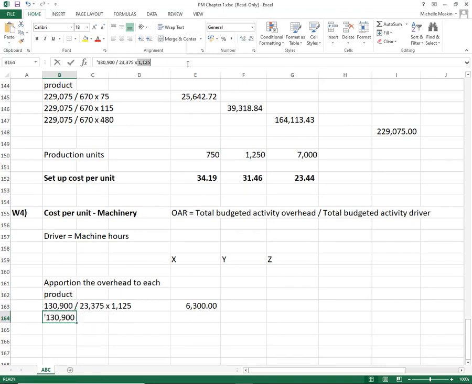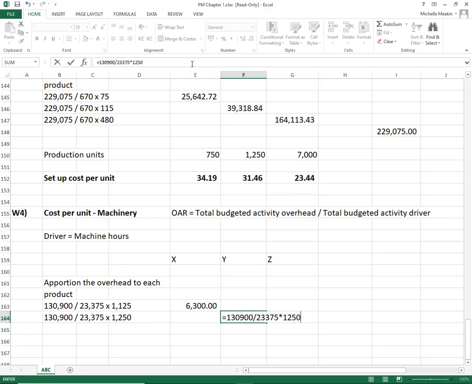So I do the same for Y. Total overhead for machinery, divide it by my machine hours, times it by the total hours for Y. $7,000.